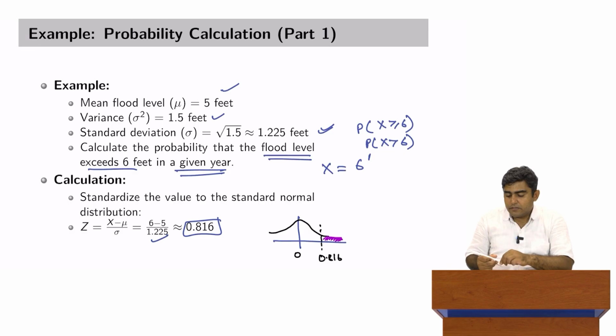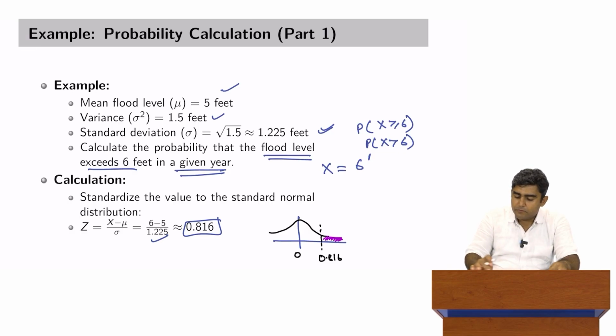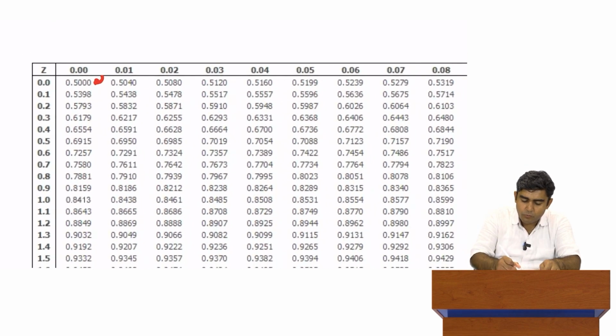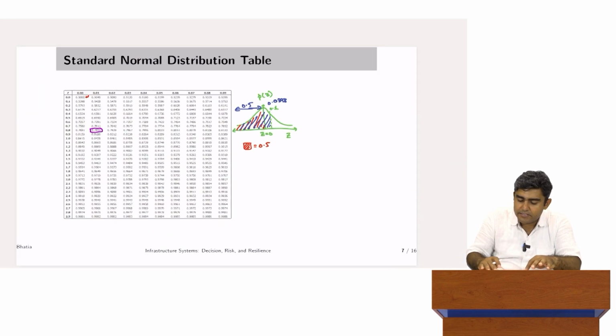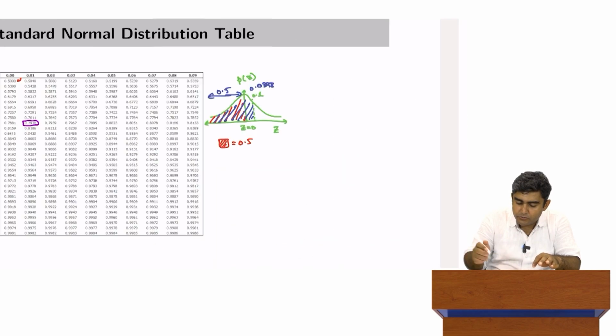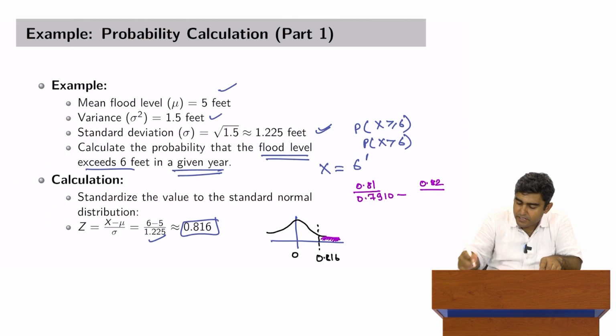Now, in the table I have, I will look for 0.816 wherever it will lie. 0.81 has the value approximately 0.790, and at 0.82 the value that we know is 0.7939.